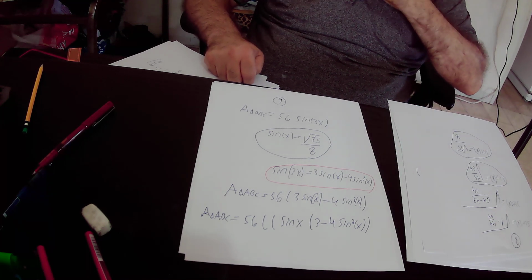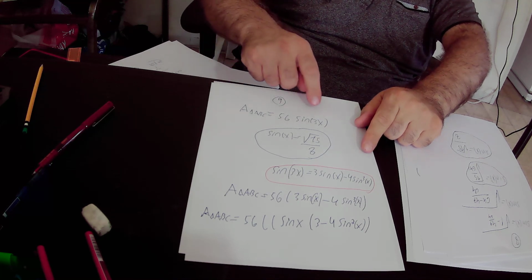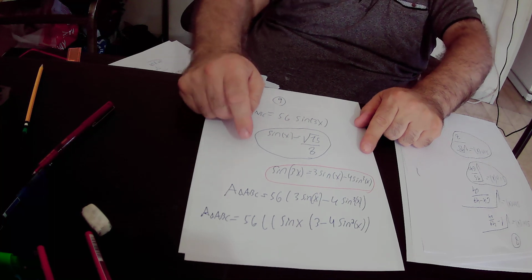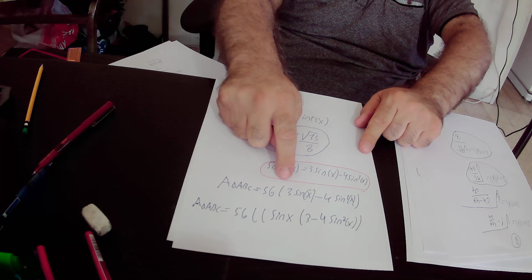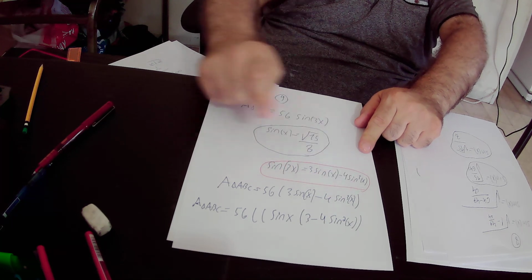So here we substituted sine 3x by this expression, and we got that the area of triangle ABC equals 56 times 3 sine x minus 4 sine cube x.